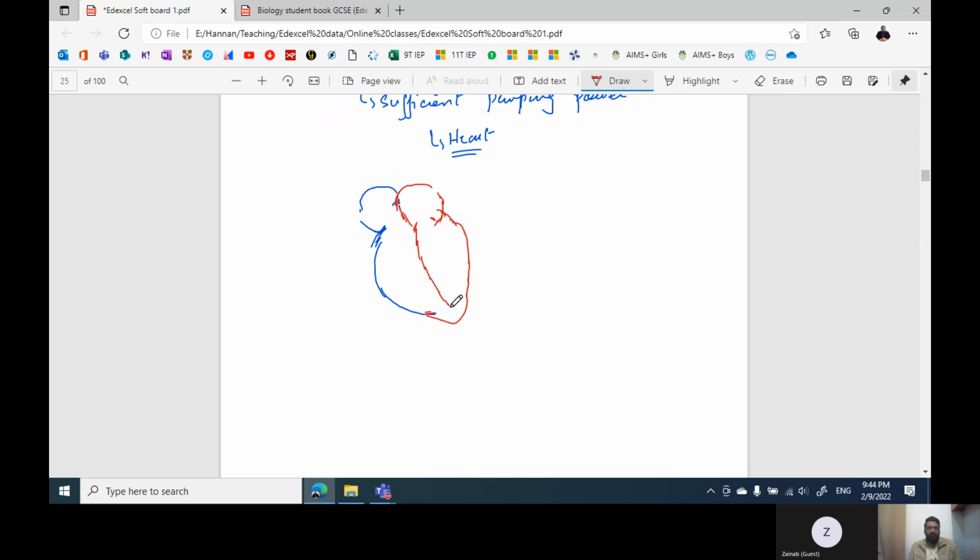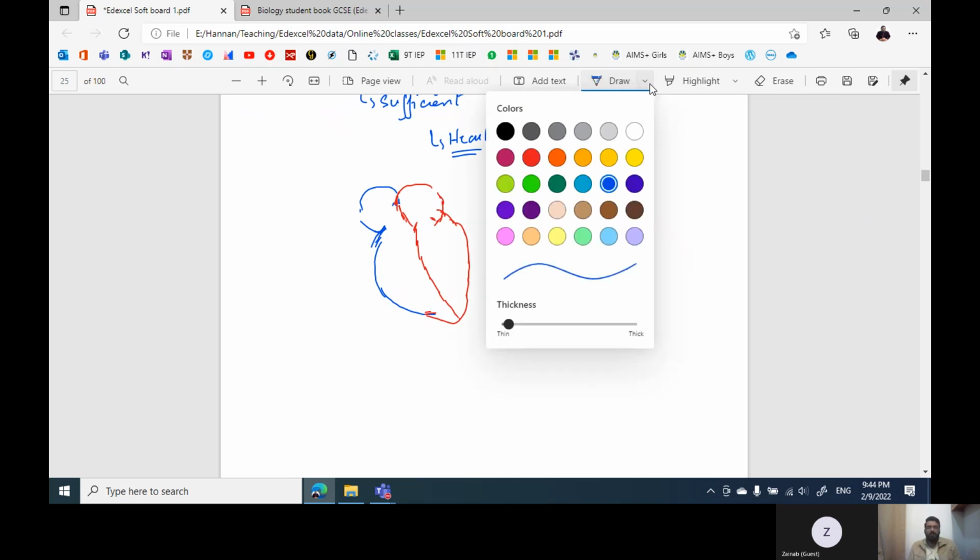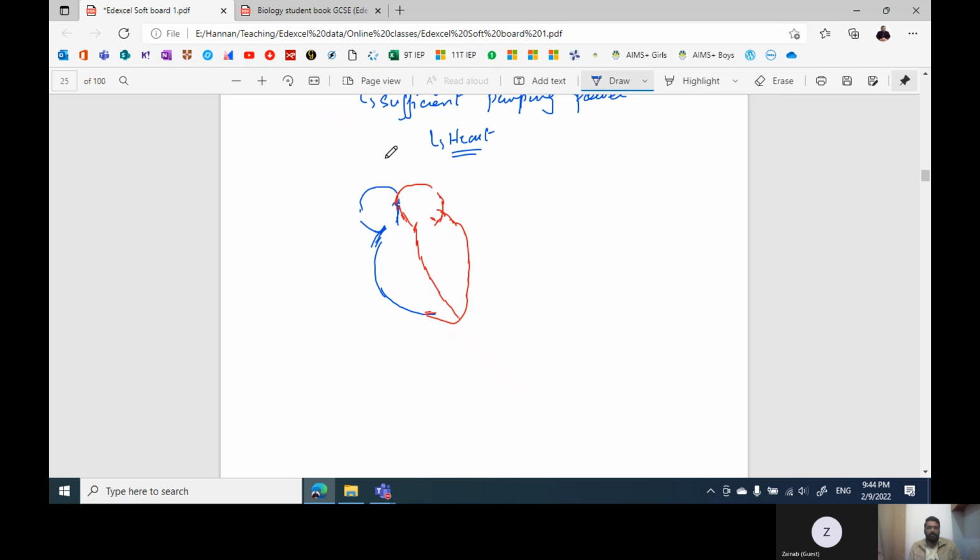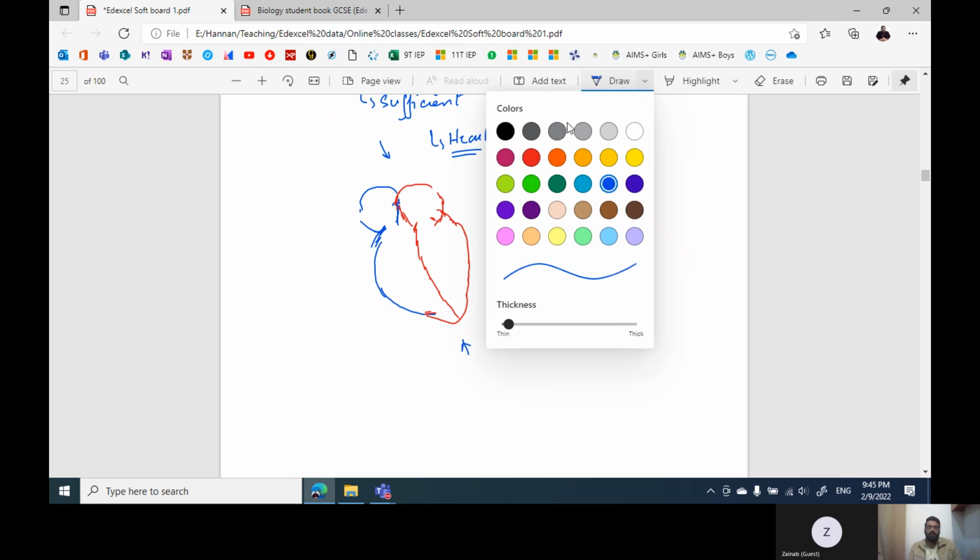So that is why I am continuously changing the color of the two portions of the heart along the axis. If you observe, this is the axis. Along the axis, there are two different compartments. I differentiated these compartments with the help of colors, and why I differentiated them, you will come to know a bit later.